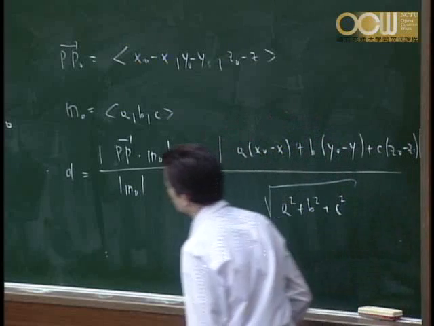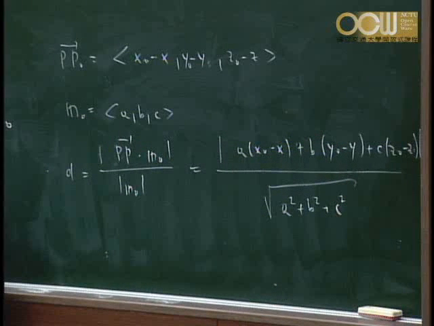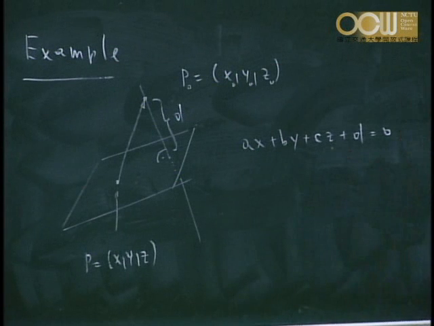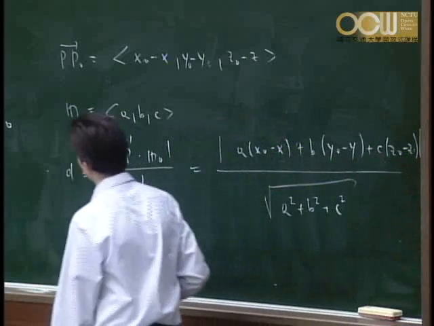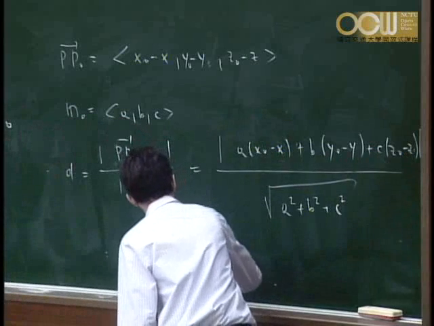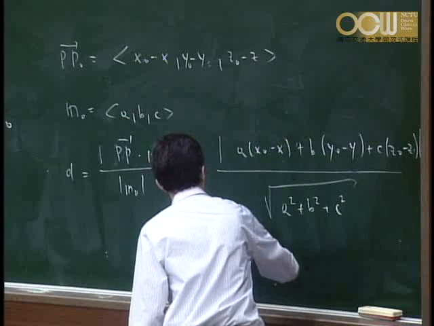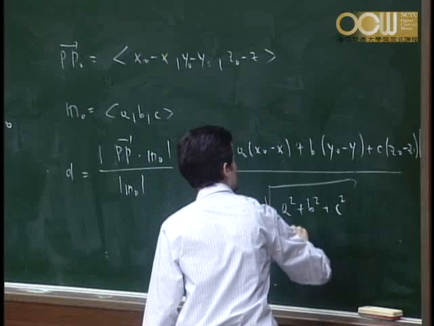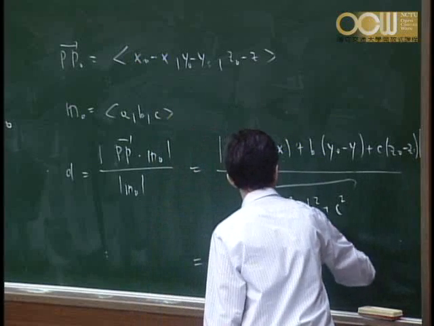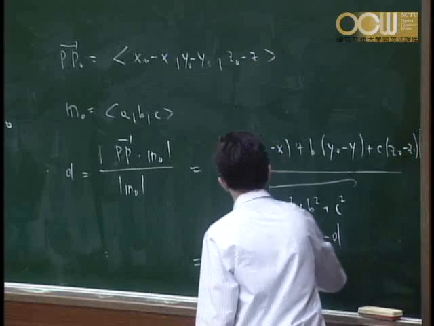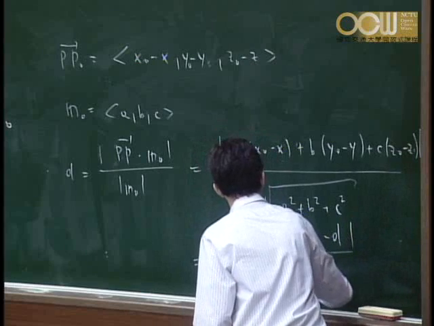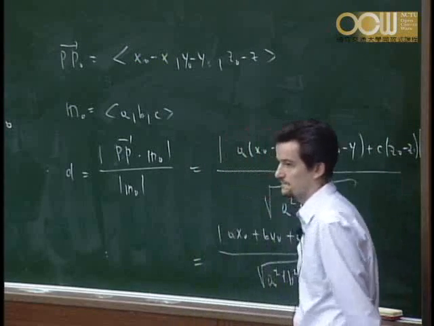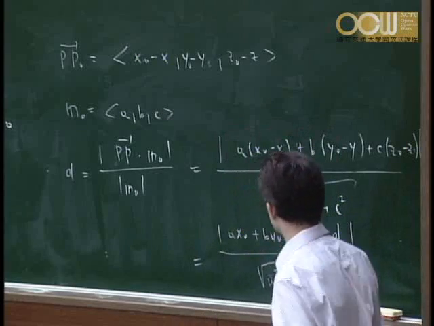And you see, because this point was chosen to be on our plane, A times x plus B times y plus C times z will be equal to D. So you get the absolute value of A x0 plus B y0 plus C z0 minus D divided by the square root of A square plus B square plus C square. And this is the formula you have learned in high school.